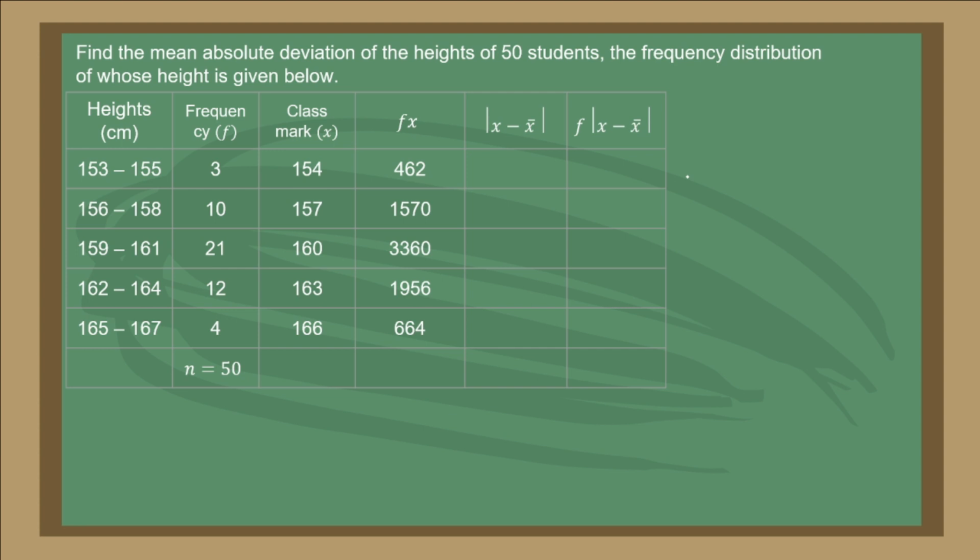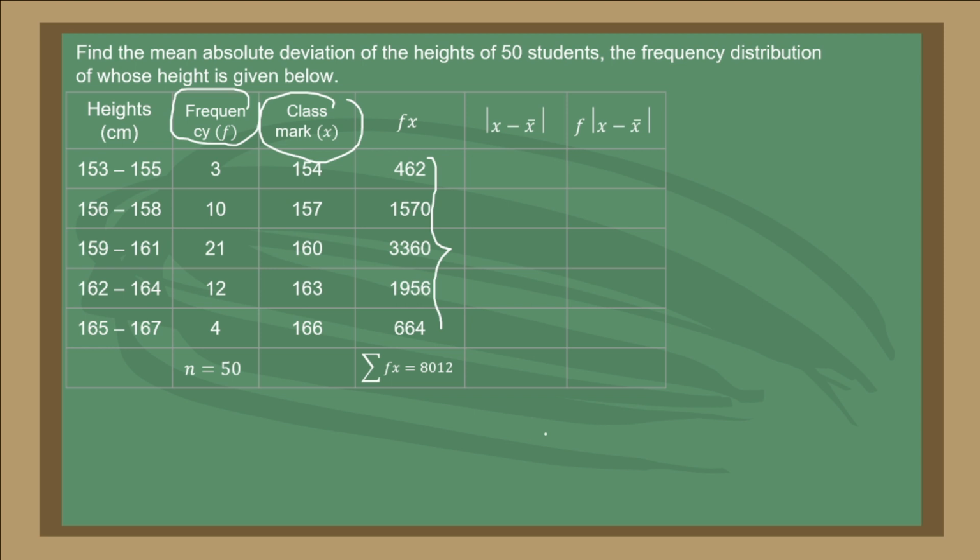The formula for the mean for grouped data is different from ungrouped data. We have already computed the fx, or the frequency times the class mark. So we are going to get the total of fx. The total of fx is 8,012.